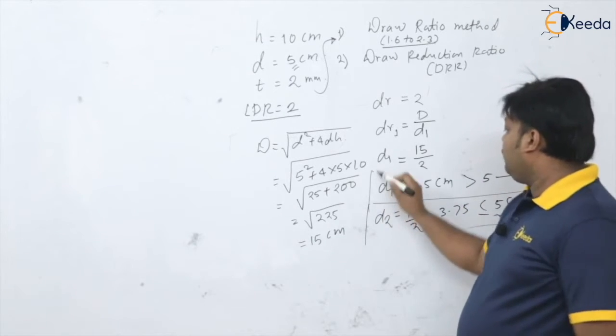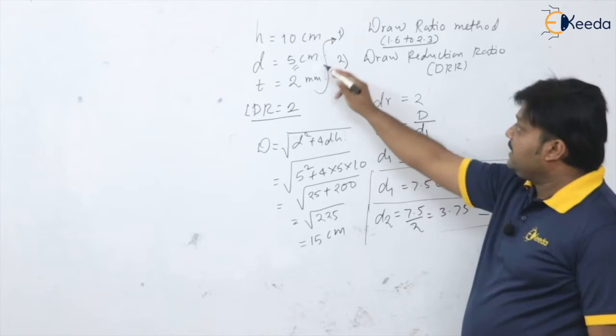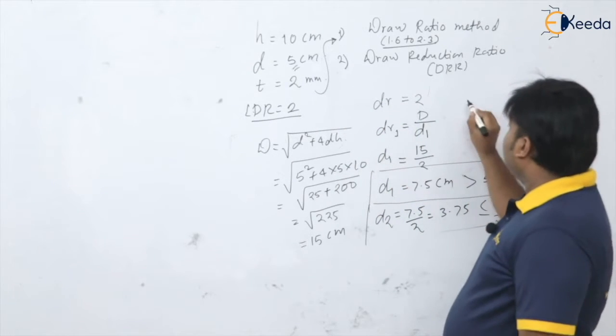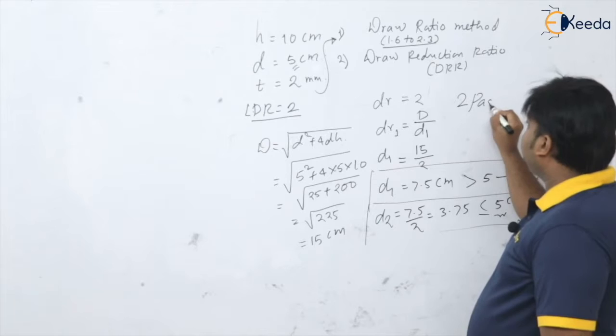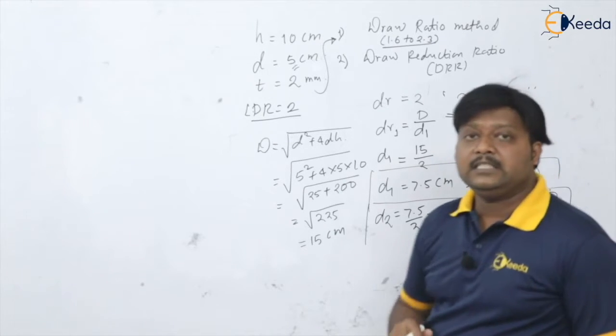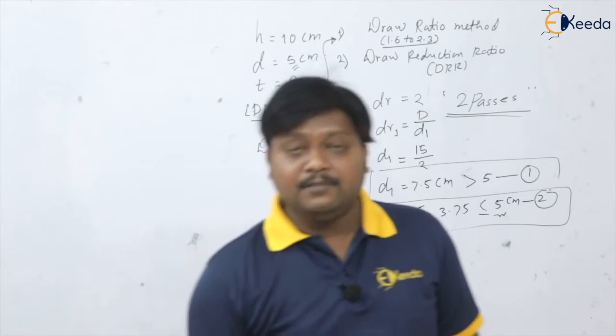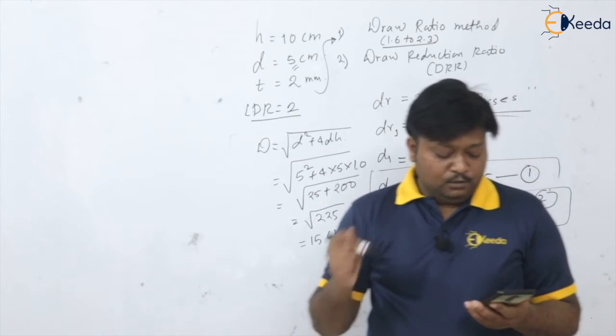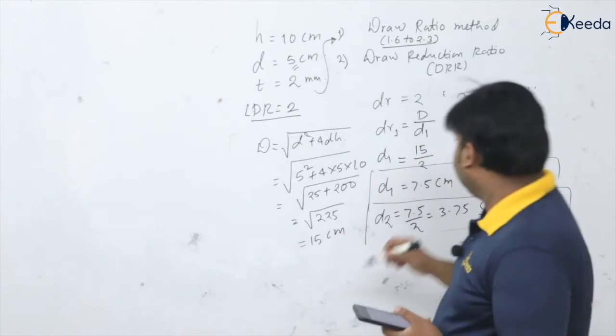So how many draws do you require to get this 5 centimeter cup from the given data? You need 2 passes to draw this cup. The options are given there, options 1, 2, 3 and 4. So 2 is the correct answer. Let us see the next question.